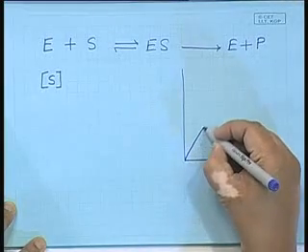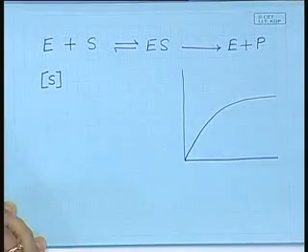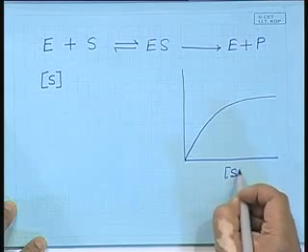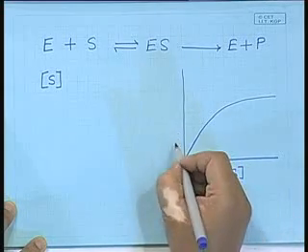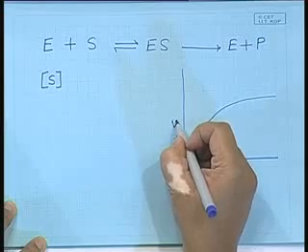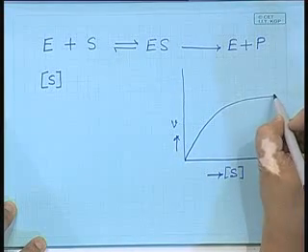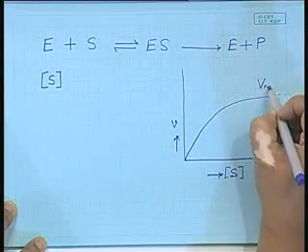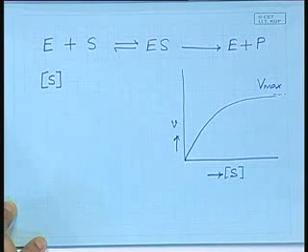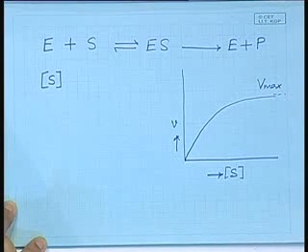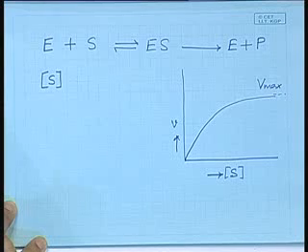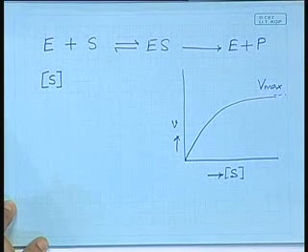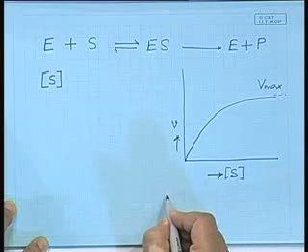So I know that when I do this for a particular substrate concentration, this is going to be my Vmax, right?